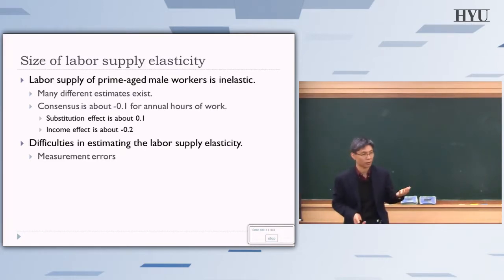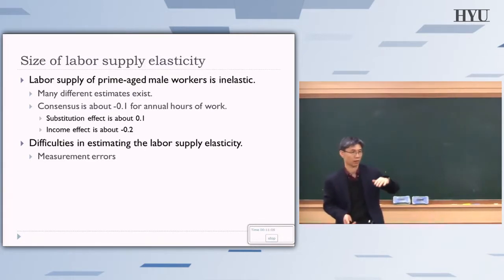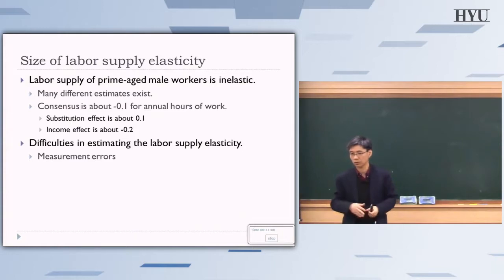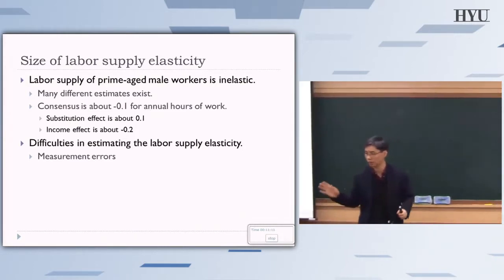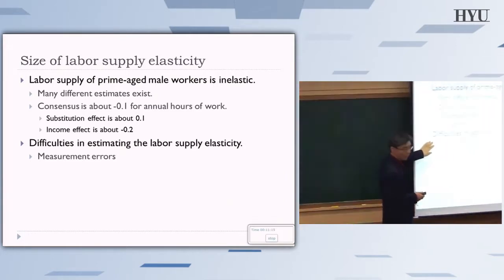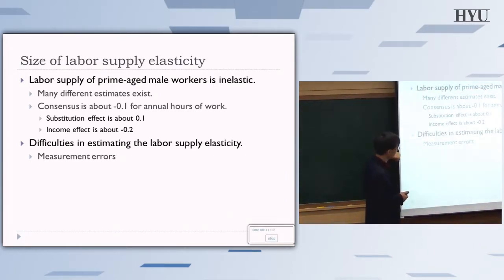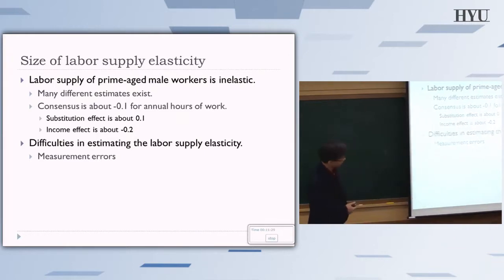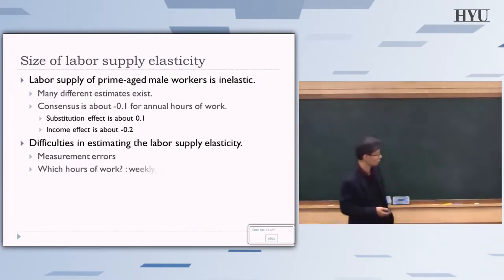Or they probably don't have a fixed hours of work. It changes over time, those kind of things. So it is difficult to get very accurate information on this. There are some problems, but let's say that measurement errors do exist. That is a problem.